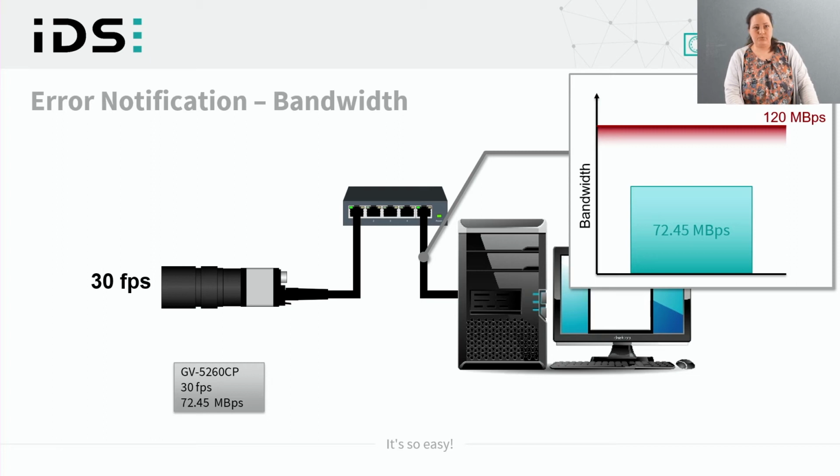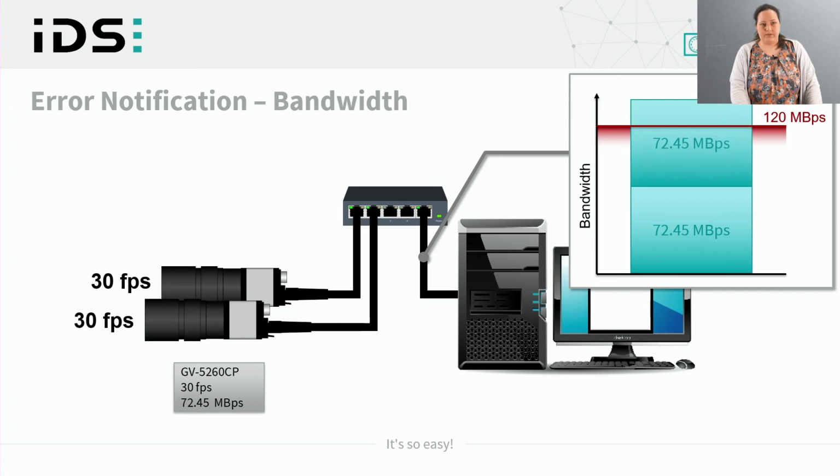It's 72.45 megabyte per second, and the connection to your PC allows 120. No problem in this case. But if you connect a second camera with 30 FPS, you're over the bandwidth, because they're all connected to one switch, the connection to the PC will not be able to deliver all the data, and you will have incompletes.